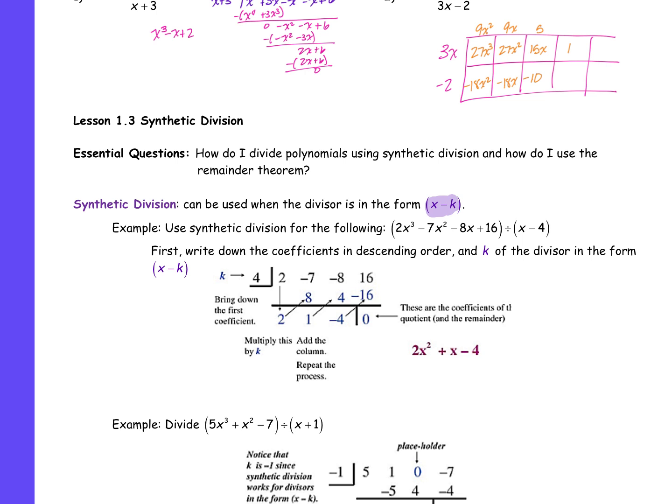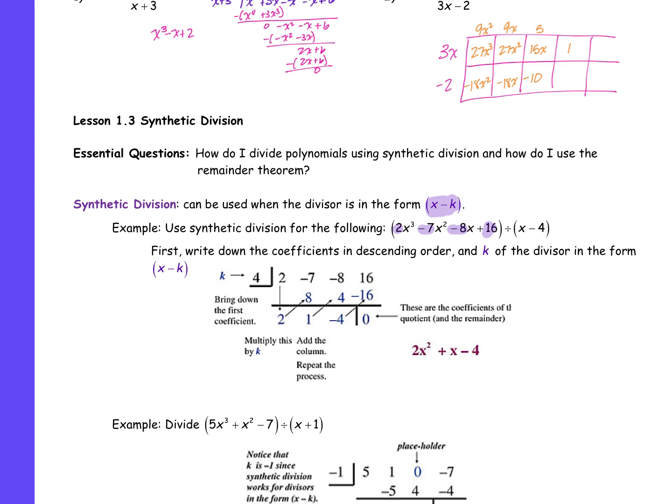First, write down the coefficients in descending order and the k of the divisor in the form of x minus k. So my coefficients here, 2, right, negative 7, negative 8, and 16 in order, okay? If there's a missing term, so like say there was no x squared term there, I would have to make sure I have a placeholder, and we'll talk about that on the next example, okay?